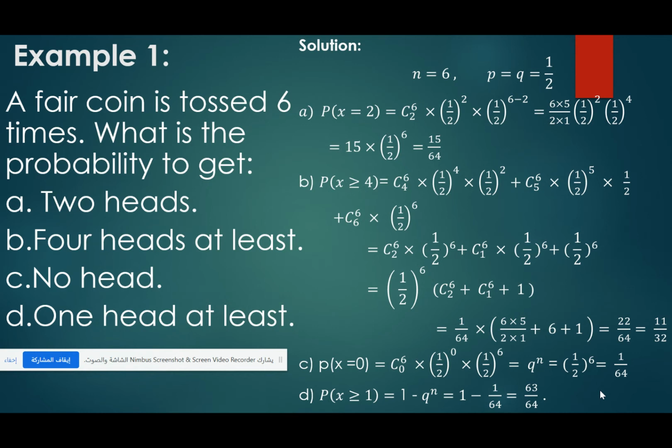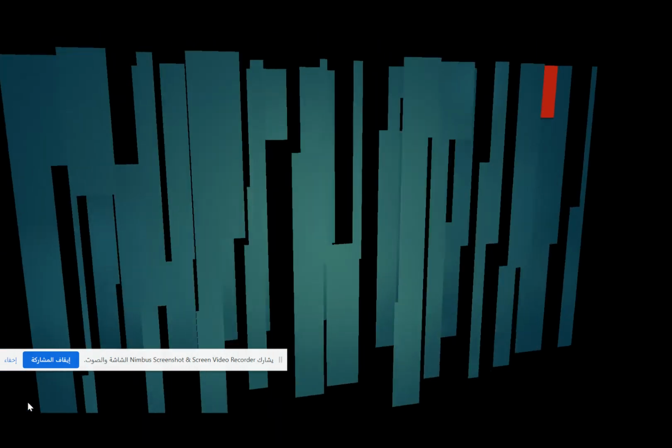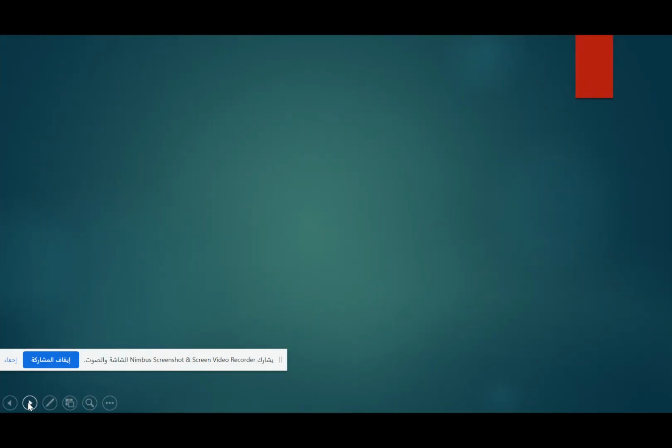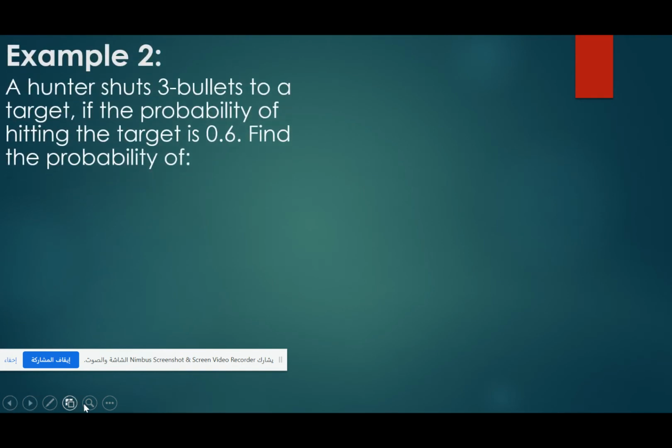Now let's have another example, which is example 2. More ideas with more examples. Example number 2 says a hunter shoots 3 bullets at a target. That means the number of trials, which is n, should be 3 because he's going to shoot 3 times.